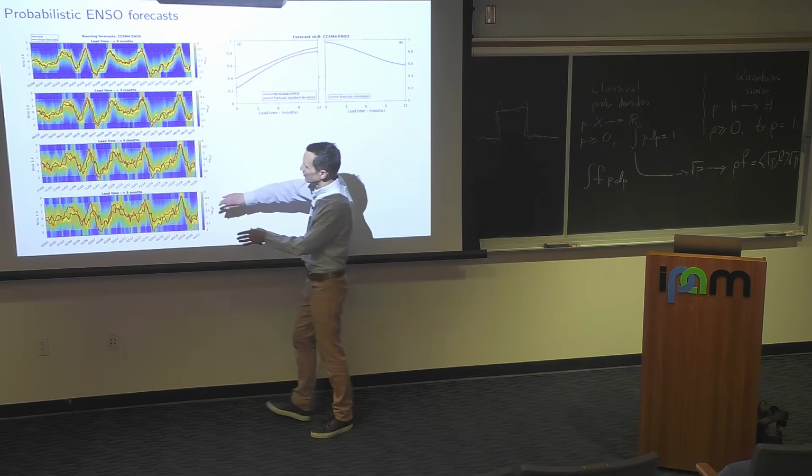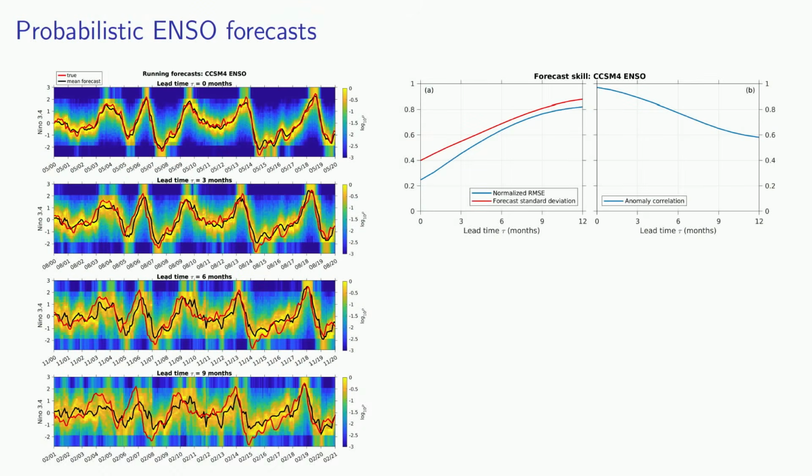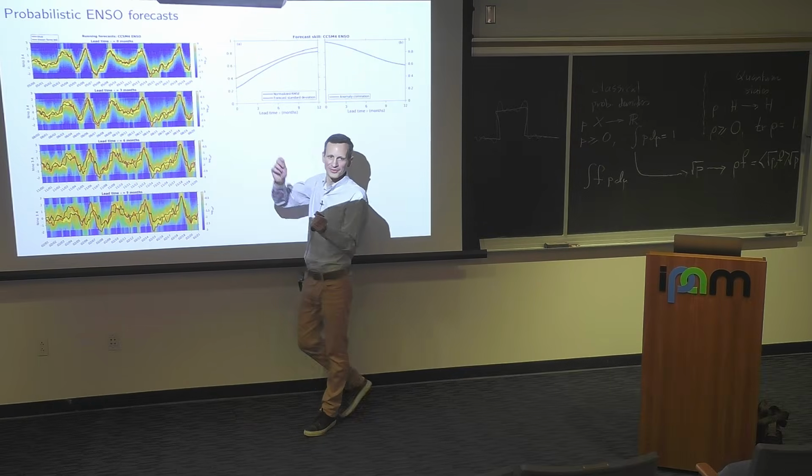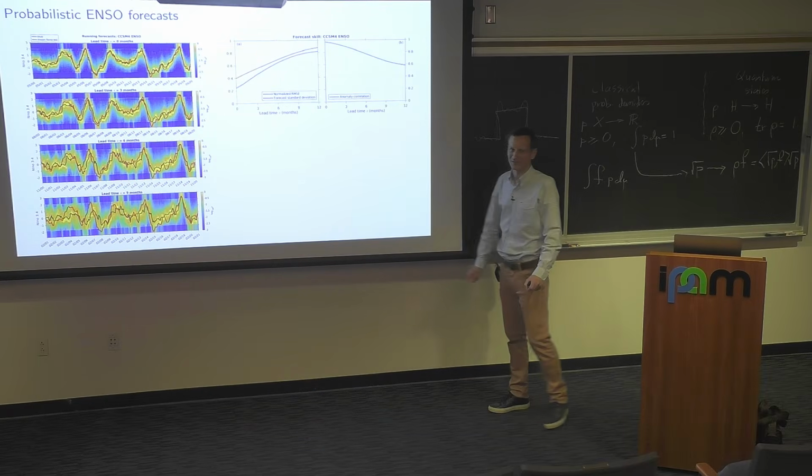Some of this is a little bit visual, because for the bins near the top and the bottom I chose them to have equal probability mass, so near the tails, near the extremes, the bins tend to be larger, so it looks a little more streaky than it really is on this diagram.